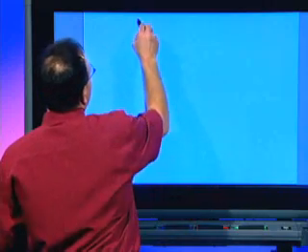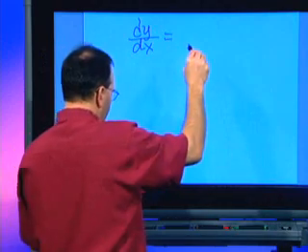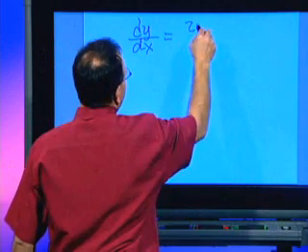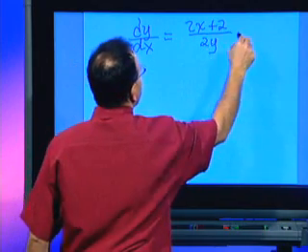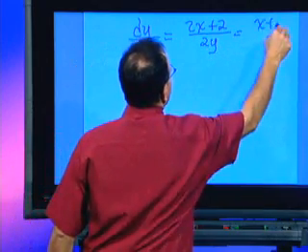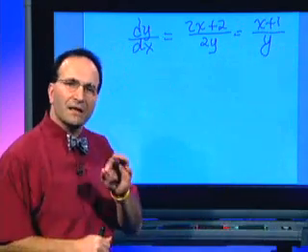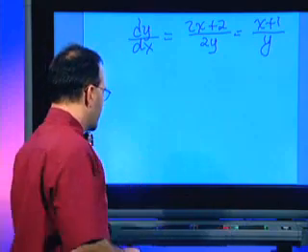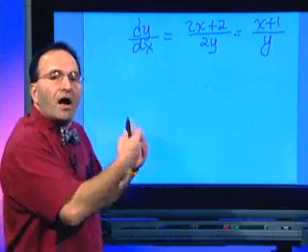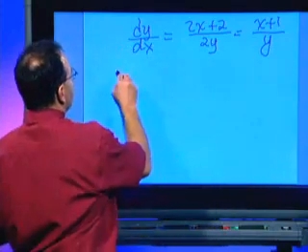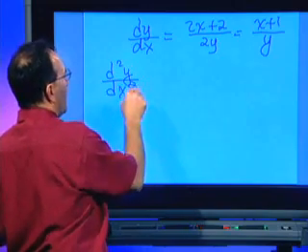And we had, to start, dy/dx equaled 2x plus 2 over 2y, which I'm going to simplify to x plus 1 over y, because obviously that will be a little bit easier to differentiate this second time. So on the left-hand side, when we take the derivative of dy/dx, we get d squared y/dx squared.